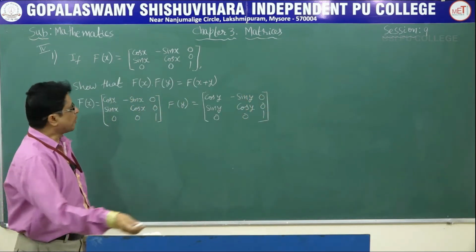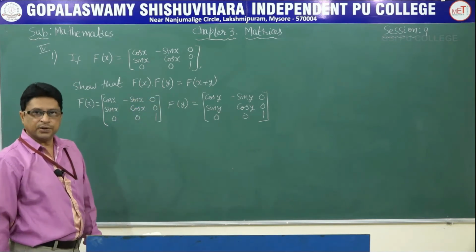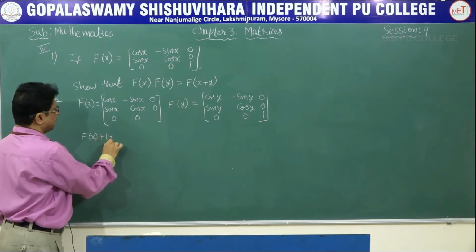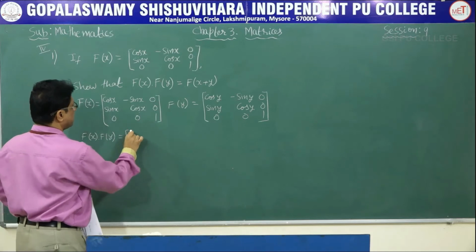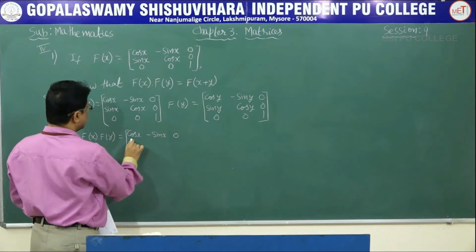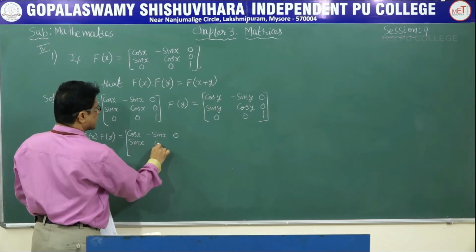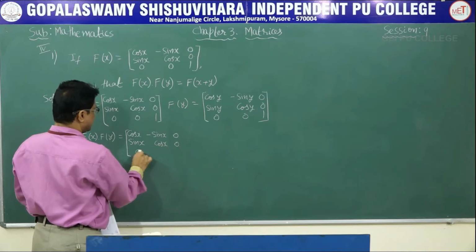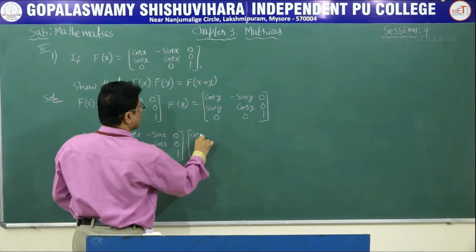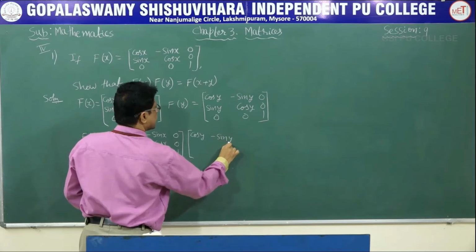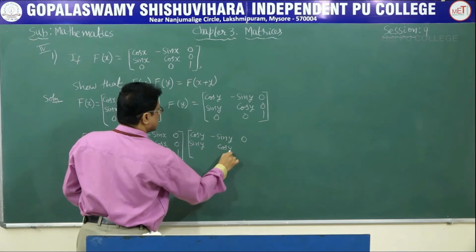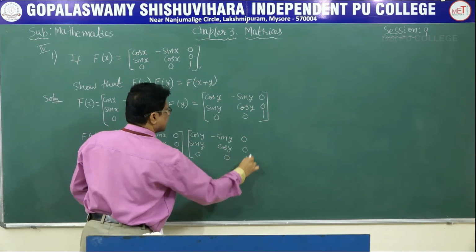So we have to find the product of f of x into f of y. That is f of x into f of y will be equal to [cos x, minus sin x, 0; sin x, cos x, 0; 0, 0, 1] into [cos y, minus sin y, 0; sin y, cos y, 0; 0, 0, 1].